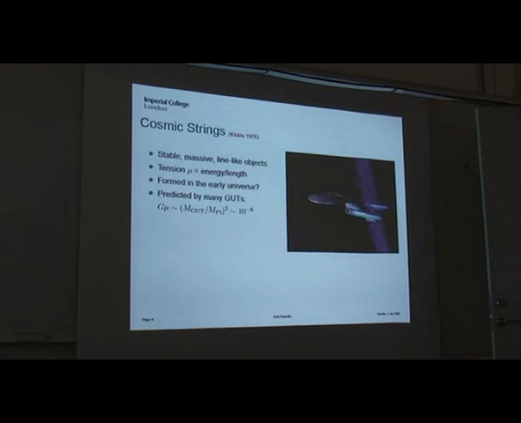Okay, so in cosmology, these strings, if they exist, are called cosmic strings. They would be topologically stable, typically very massive, line-like objects. But in a gauge theory, vortex solutions don't have any long-range forces, and therefore the only interaction they have in practice is gravitational, so the only parameter you really need to know about the string is its tension mu, which is energy per unit length, because it's how heavy it is.